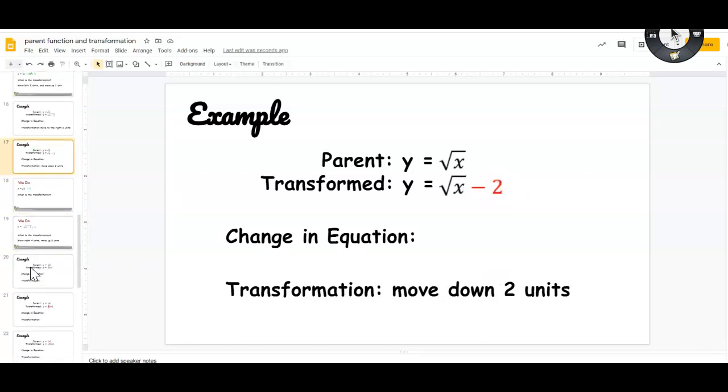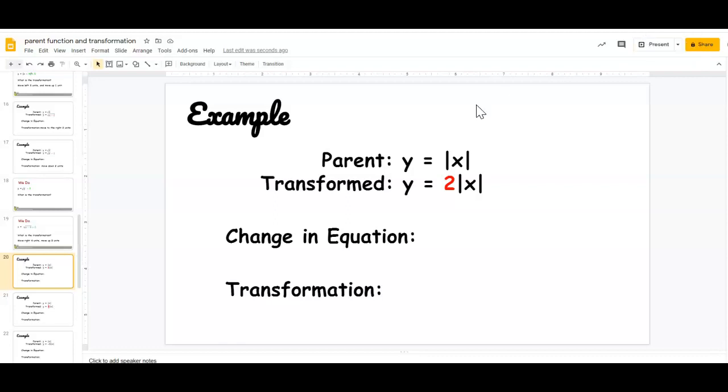Okay? So now let's look at the last 3 types of transformation. And let's use absolute value of x as a parent equation this time. Okay? So we have the parent equation and the baby equation. And this time, the change in the parent equation is you have a number again. And this time, what is the relationship between the number and the x?